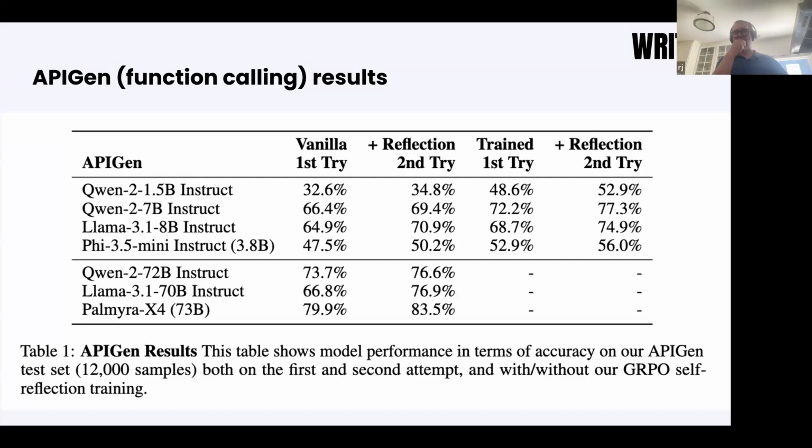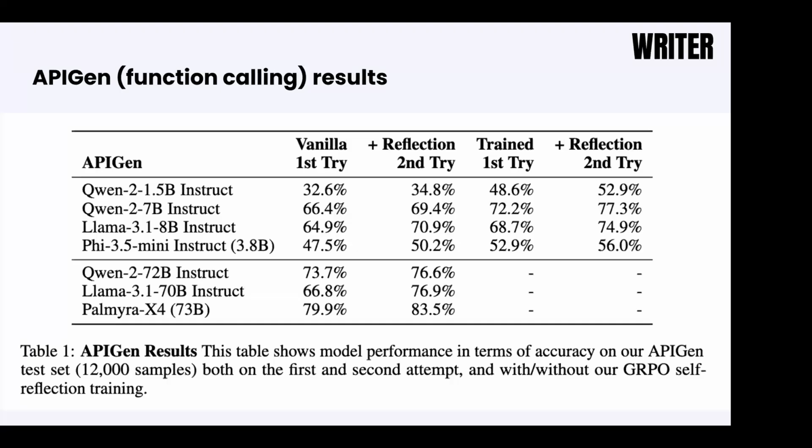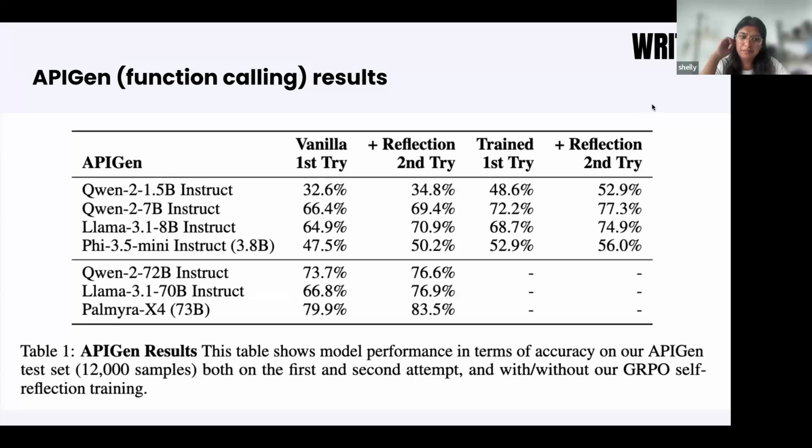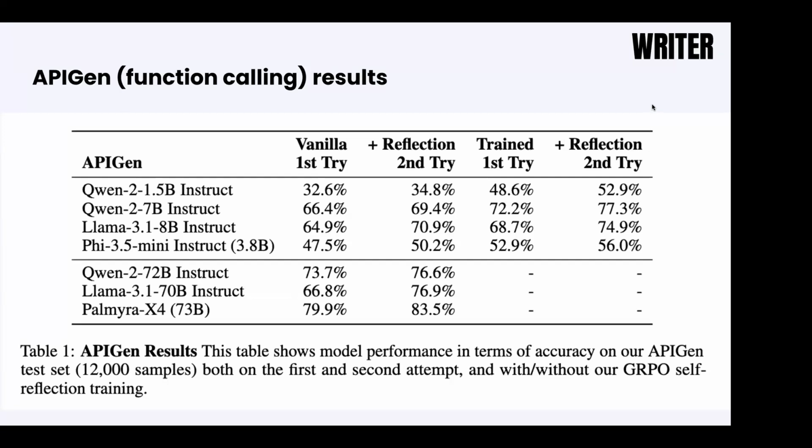Okay, got it. So for the model you're benchmarking against, does it have both of its attempts in the window? Is the experiment identical? Okay, so the model that doesn't have training has two attempts in the window. The model that does have training also has two attempts in the window.